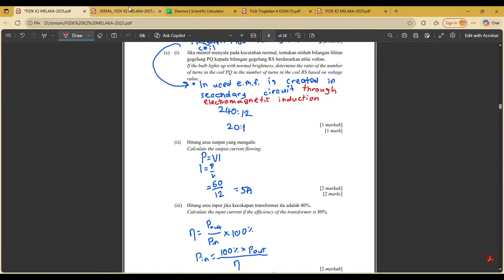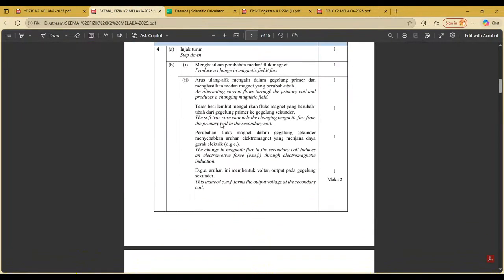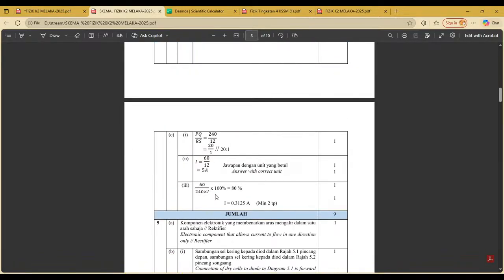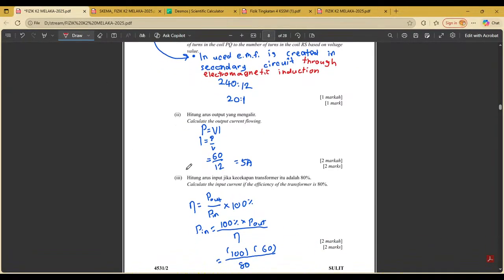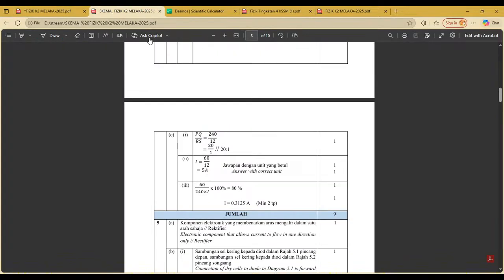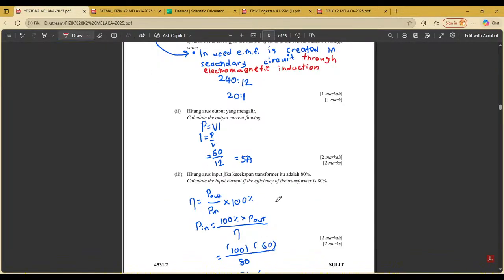The current is 0.2125 amperes. Oh, it wants the input current.